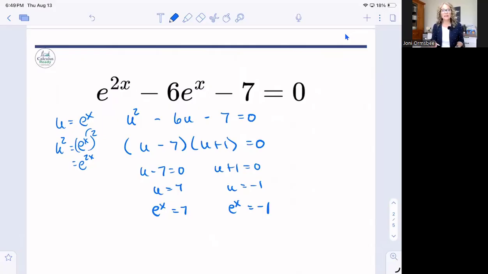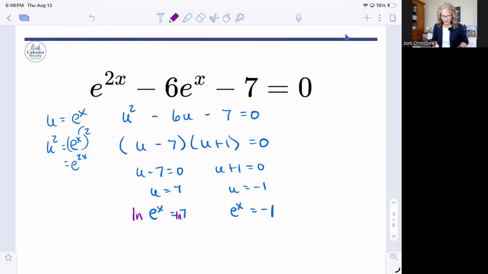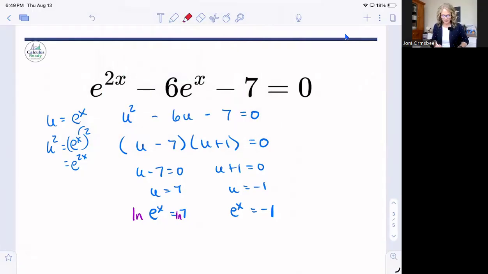So we need to get the x out of the exponent. You can either change the exponential form to logarithmic, or you take the natural log of both sides, and the logarithm and e undo one another. That's how we get the x all by itself.